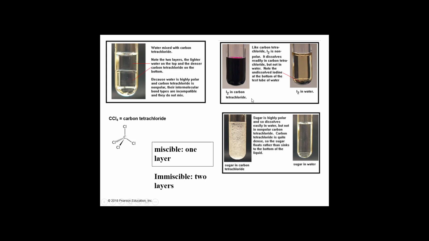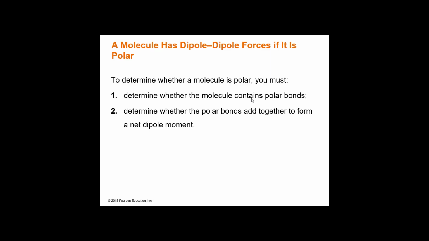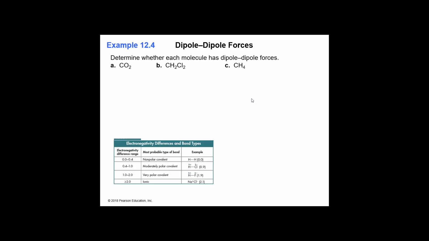Polarity has a lot to do with how we see and use things. A molecule has a dipole force if it is polar. To determine whether a molecule is polar, you must determine whether it contains polar bonds, and then determine whether those polar bonds add together to form a net dipole. We did this in chapter 10.